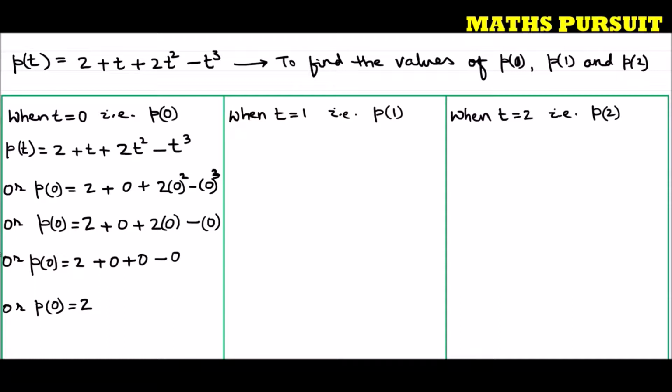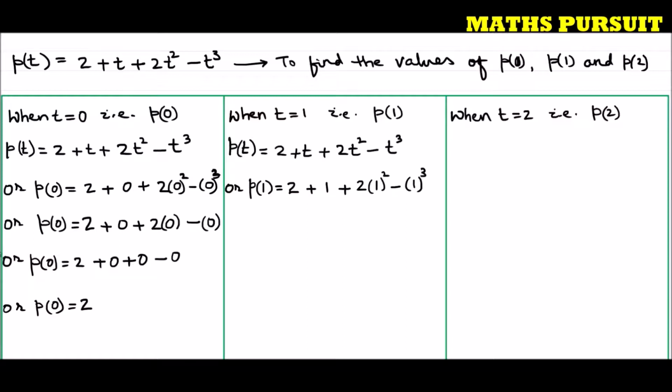Now let us solve the second column, when t is equal to 1. So here we have P(t) = 2 + t + 2t^2 - t^3. Or I can write when t is equal to 1, that means P(1) = 2 + 1 + 2(1)^2 - 1^3.